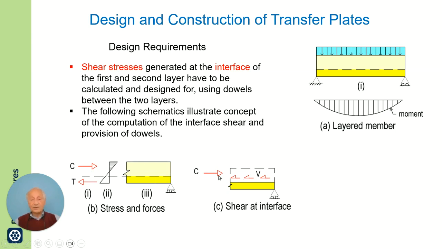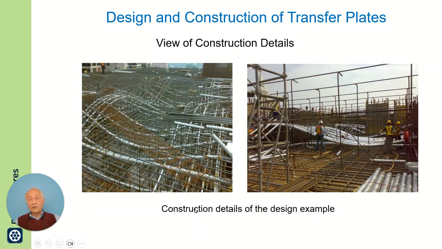I have shown it here as a shear force to be resisted at the interface. You have shear friction, but it is common to put dowels between the bottom and the upper layer to resist that force, which is the difference between the integral of this stress above the layer and that below the layer.